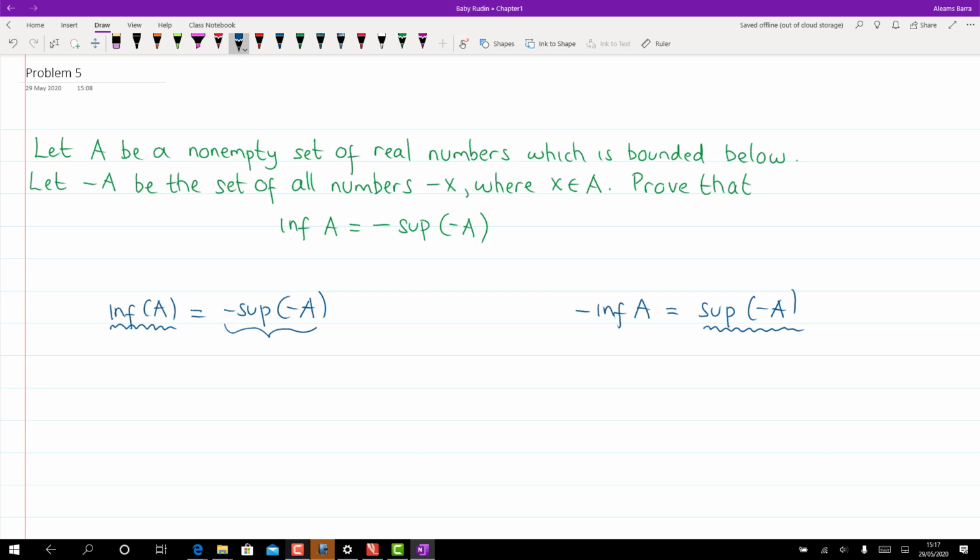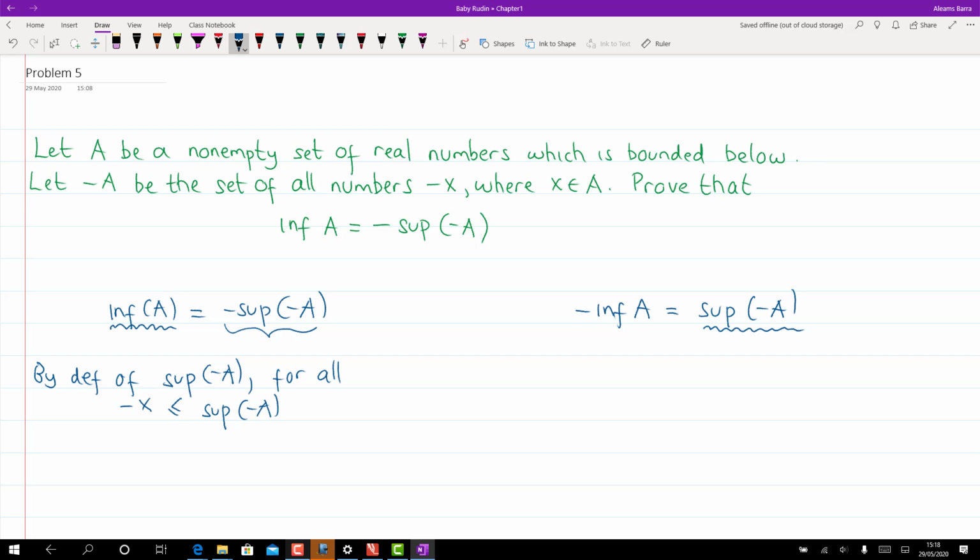Okay, so let's see. By definition of the supremum of minus A, this supremum is bigger than or equal to any element of minus A. But every element of minus A can be written as minus x.